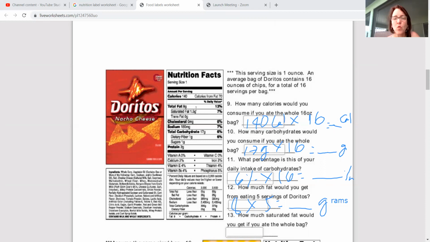In the whole pack it is 1.5 grams multiplied by the number of servings in this pack, which is 16, in this whole container. So it will tell you the total number of grams in the container.